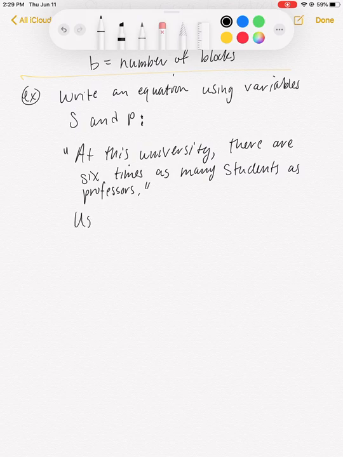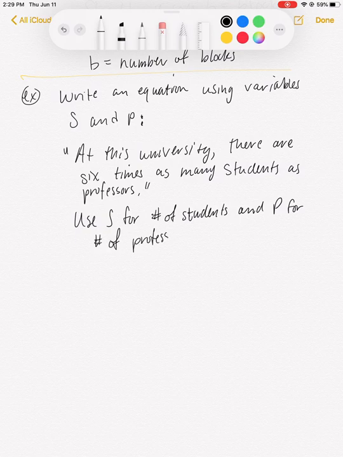So we use s for number of students and p for number of professors. Okay.